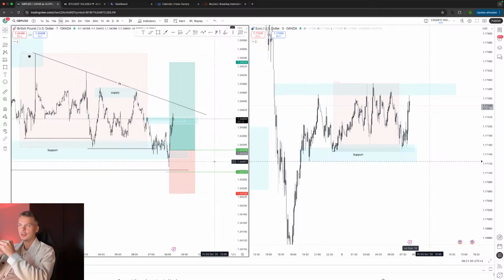So the algorithms and market makers play a big role when it comes to volume. They create areas of support. They create an SMC potential entry. They will create all those things to get you induced into the market.